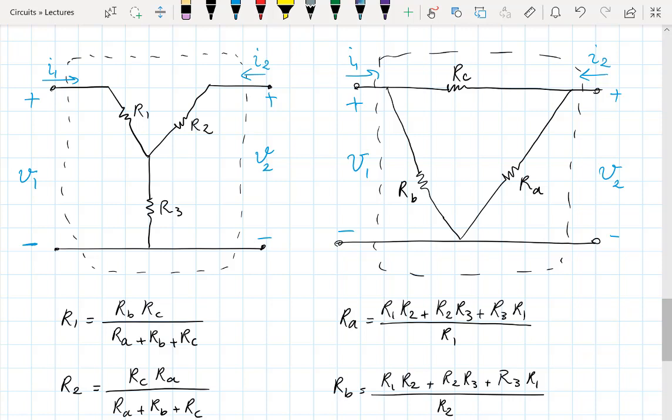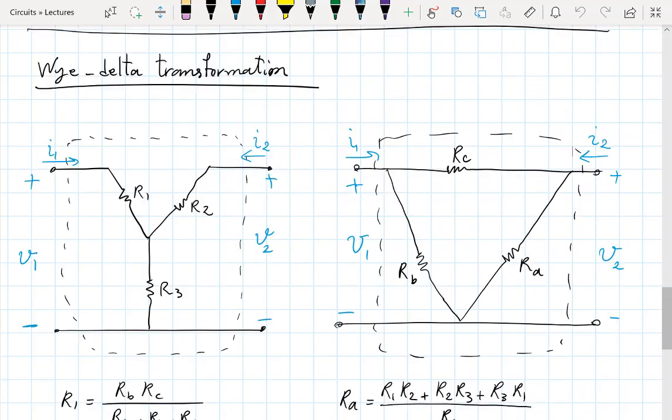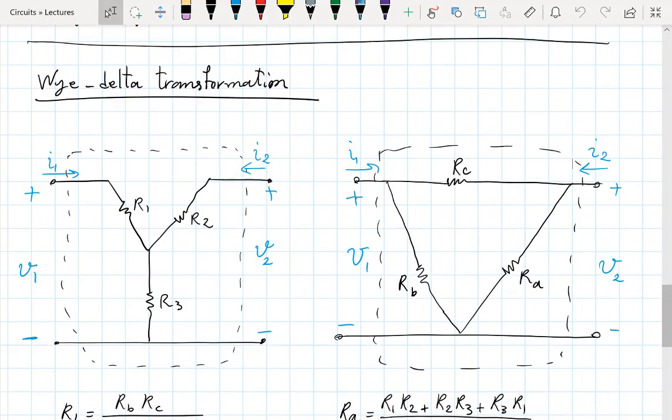But so that the two circuits are supposed to be equivalent. We're talking about equivalence of these two circuits. So how would I prove this?